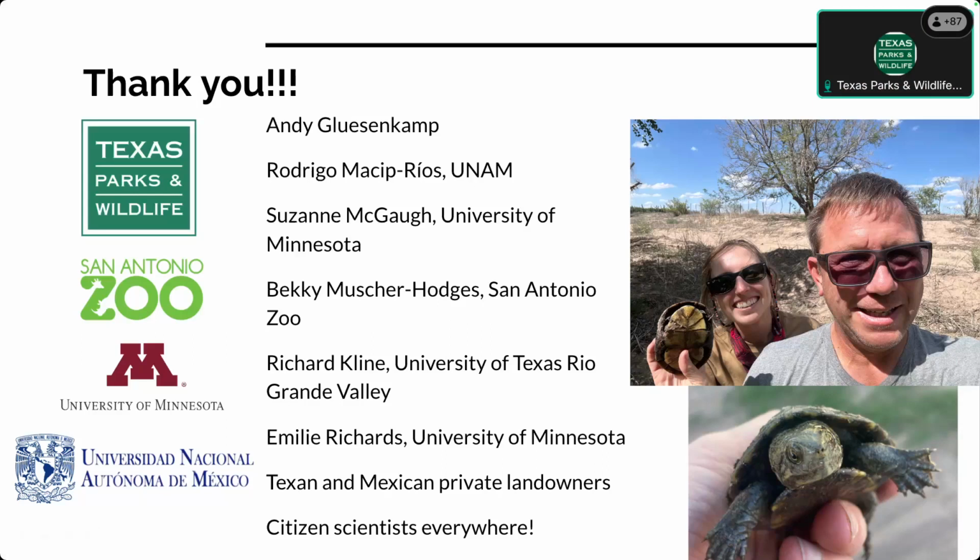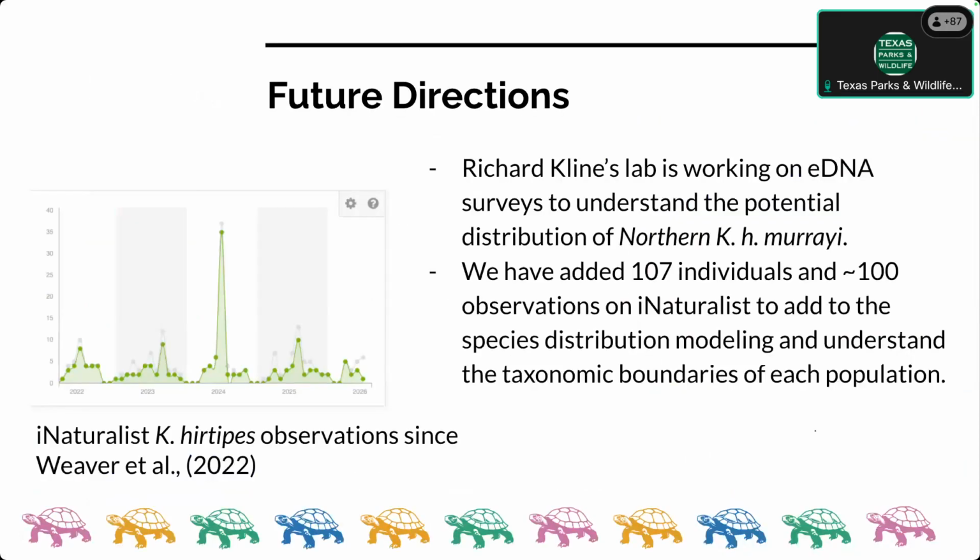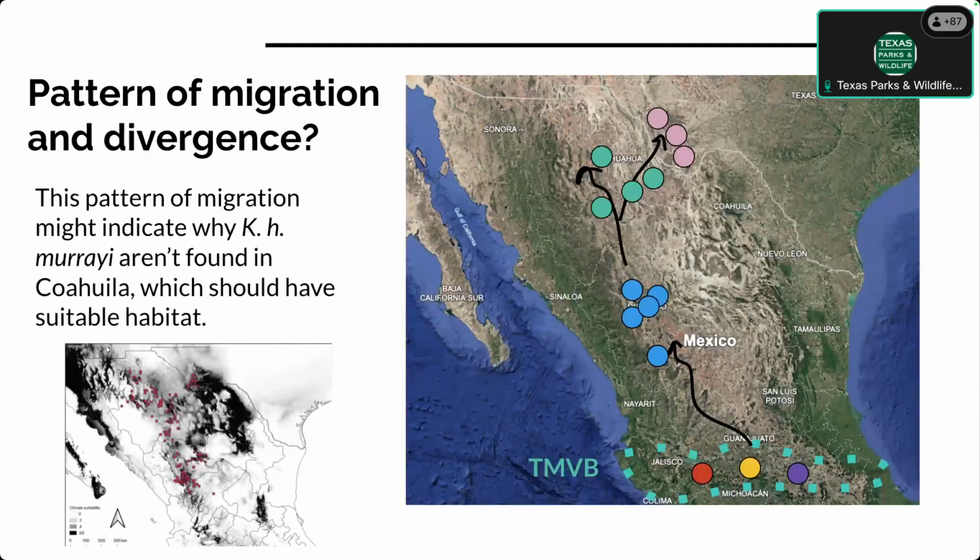I had a question based on your proposed hypothesis for the pattern of genetic diversity. Do you have any estimates on when all that may have taken place? This kind of migration scheme. I don't have a great sense of when yet. I have some calculations running that might help me figure that out, but I'm not 100% sure.